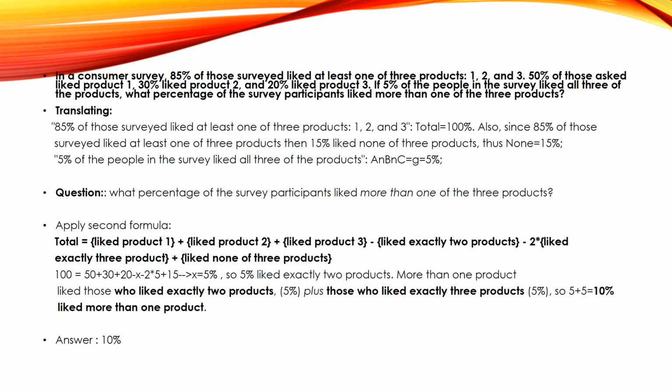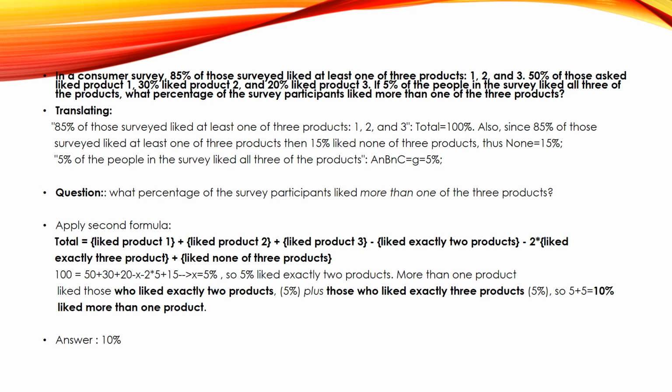The total would be liked product 1 plus liked product 2 plus liked product 3 minus liked exactly 2 products minus 2 times liked exactly 3 products plus liked none of the 3 products. So it would be 100 is equal to 50 plus 30 plus 20 minus x minus 2 times 5 plus 15, which would be x is equal to 5%.